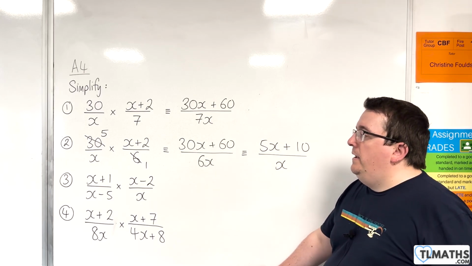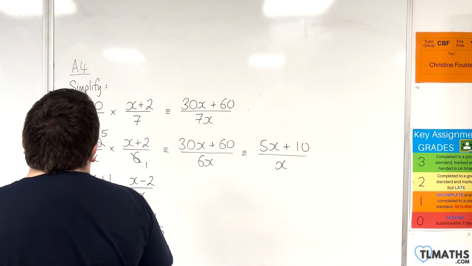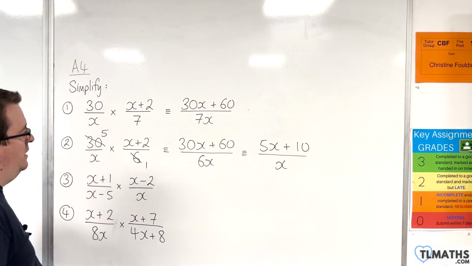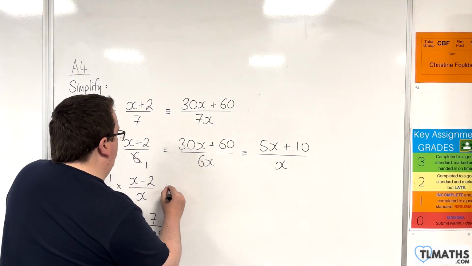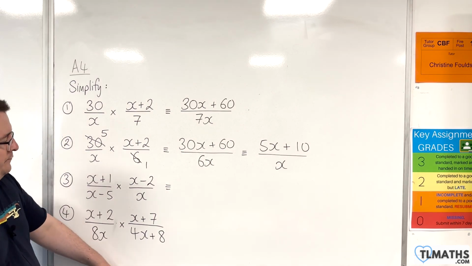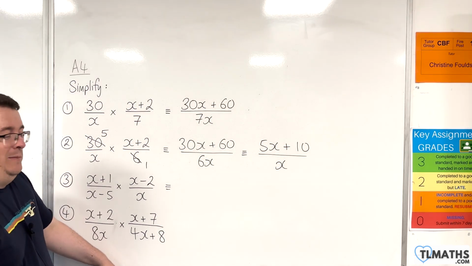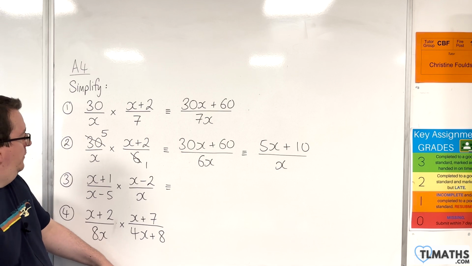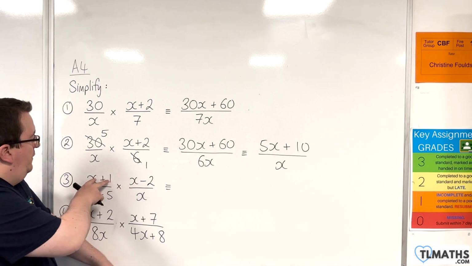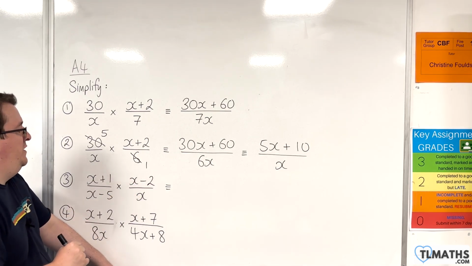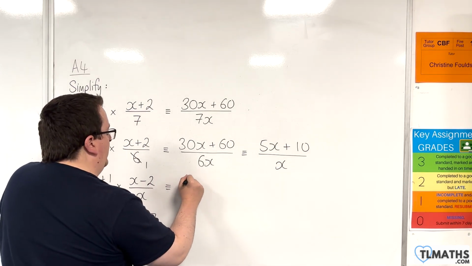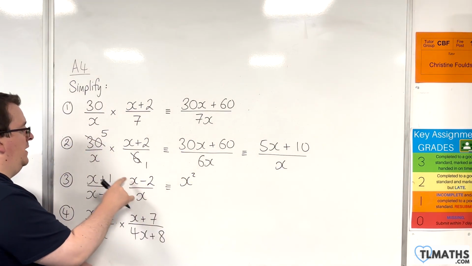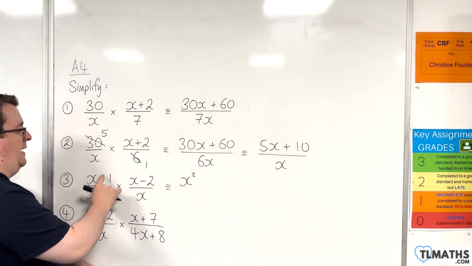Now, number 3, there's nothing that we can cancel early. Okay? So we will just run into this as normal. And there's not going to be any simplification in this case. So first of all, we've got x plus 1 times x minus 2 in the numerator. So multiplying that out, we've got the x times the x. We've got the x times the minus 2 and the 1 times the x.